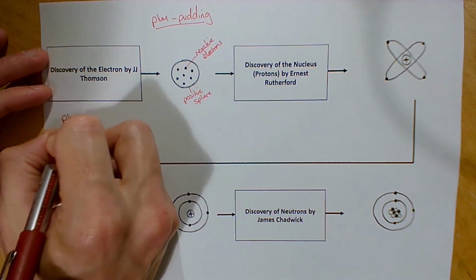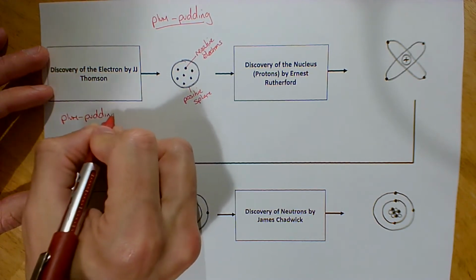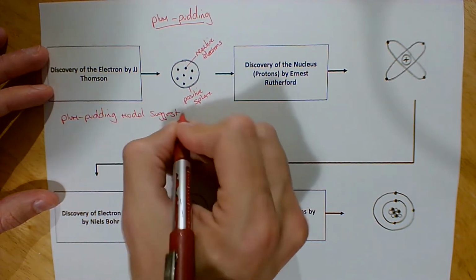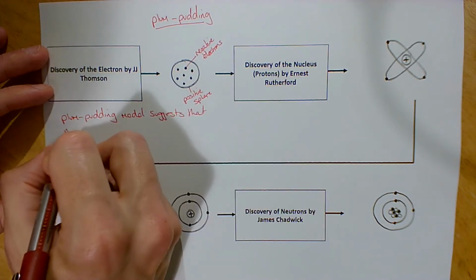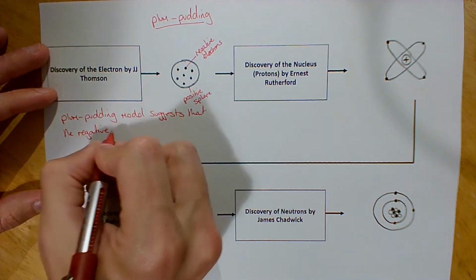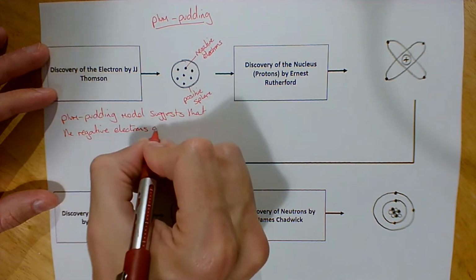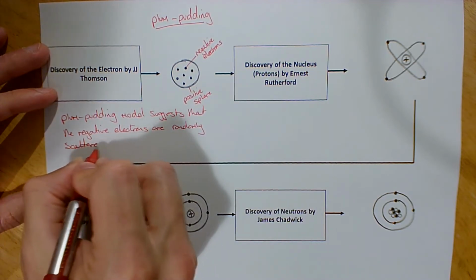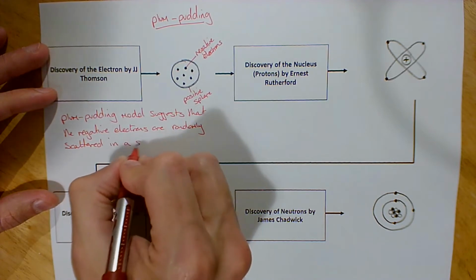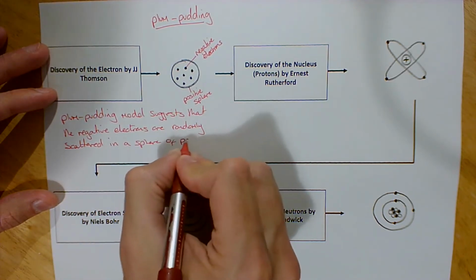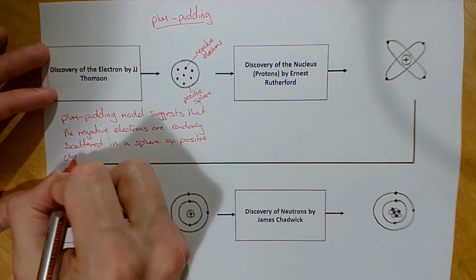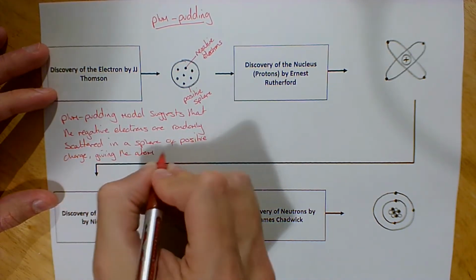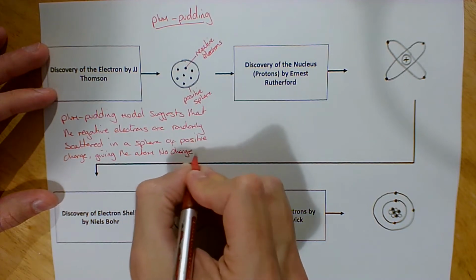So the plum pudding model suggests that the negative electrons are randomly scattered in a sphere of positive charge, giving the atom no charge overall.